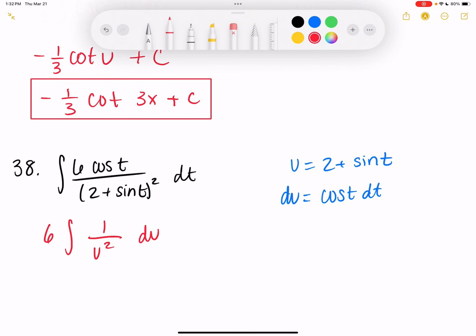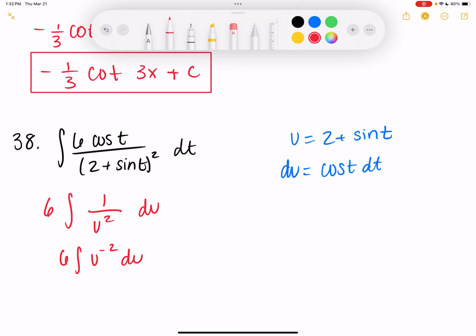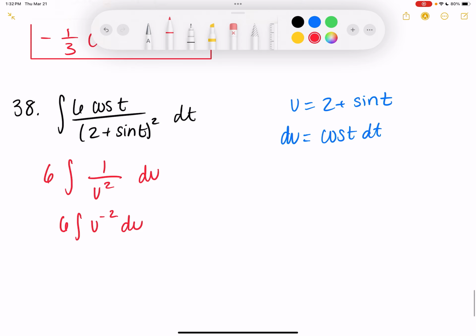And how can I rewrite this to make this easier to deal with? u to the negative 2. Yep, 6 integral of u to the negative 2 du. Negative u to the negative 1 plus c, with the 6 in front.